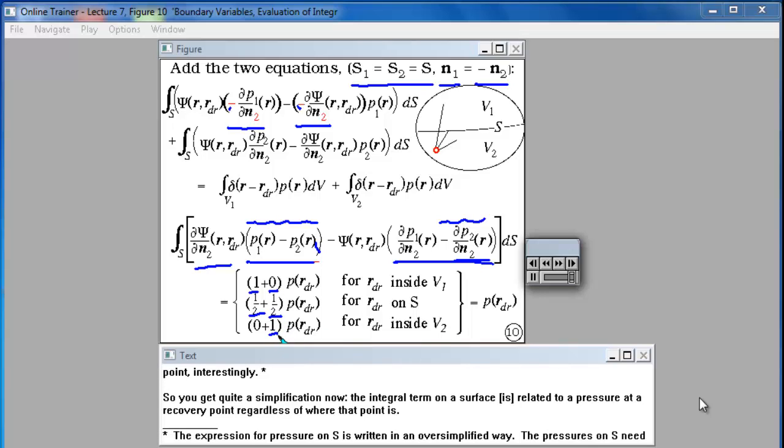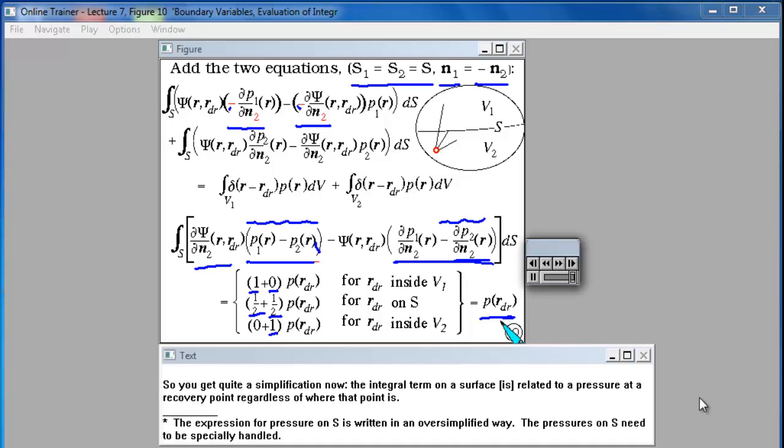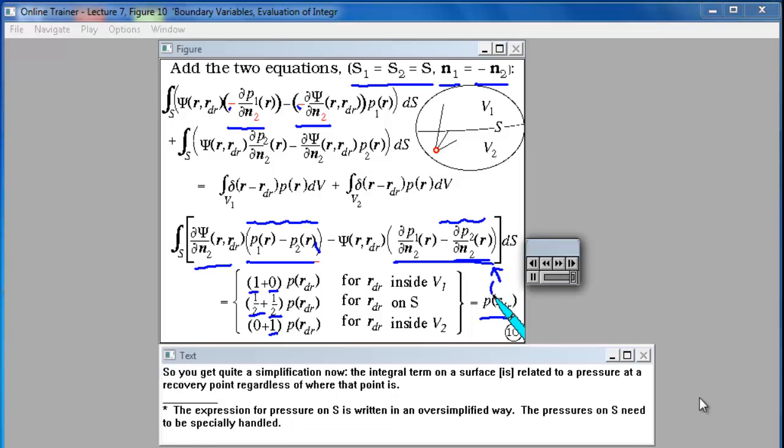And in all cases, it boils down to just the pressure at the data recovery point, interestingly. So you get quite a simplification now. The integral term on a surface is related to a pressure at a recovery point, regardless of where that recovery point is.